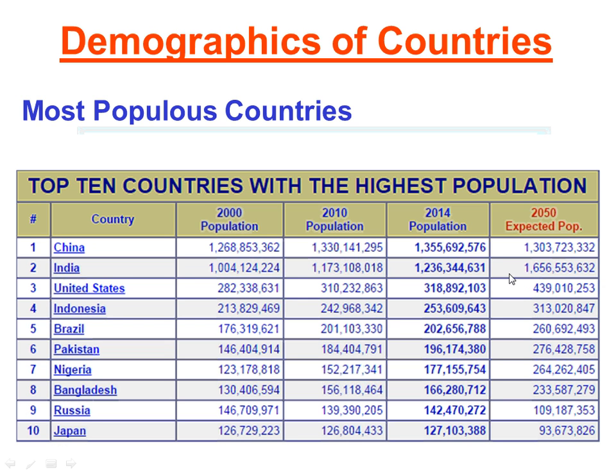You can see that Pakistan will pass Brazil, and Nigeria will also pass Brazil. So there'll be some changes in our top 10 order. But currently, China, India, United States are your 3 most populated countries. Bangladesh is the most densely populated country, and by 2050 we predict that India will pass China.